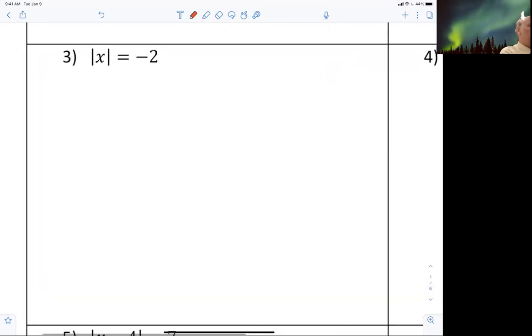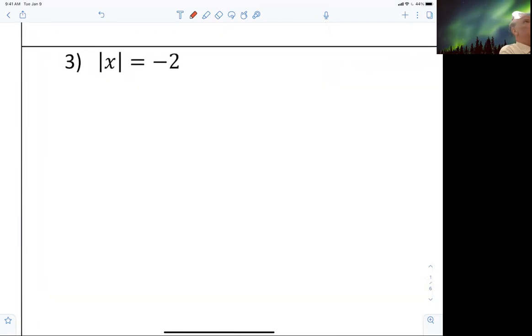I'm asking you, what's the answer to number 3? The absolute value of what is negative 2? So you're telling me the absolute value of 2 equals 2. Is it no solution? Right.